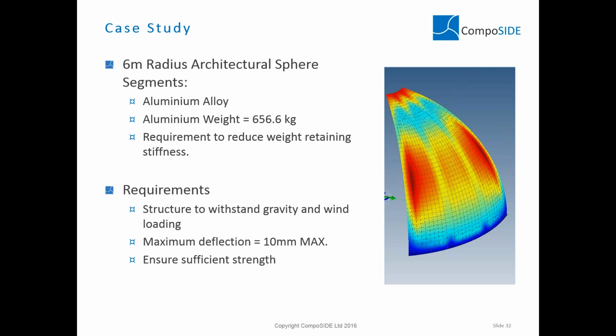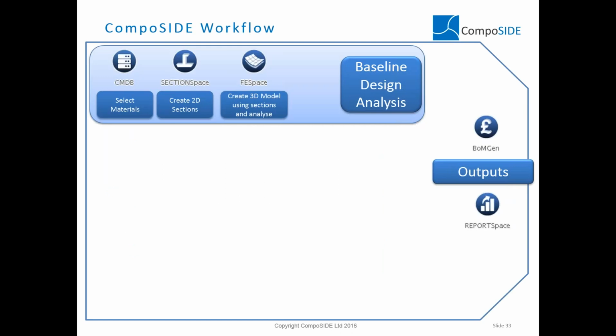So how would we go about this in CompoSIDE? Our baseline design analysis: in CMDB, we select our materials. We have aluminium, carbon fibres, glass fibres, and different matrix and processing types within CMDB. We then use this to create 2D sections and then create a 3D model using these sections and shells.